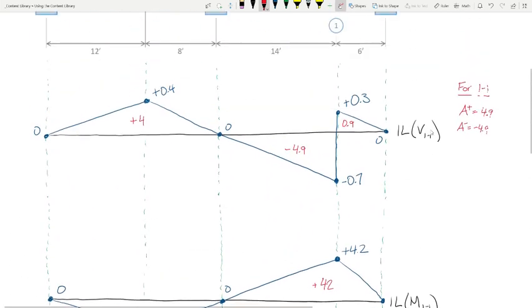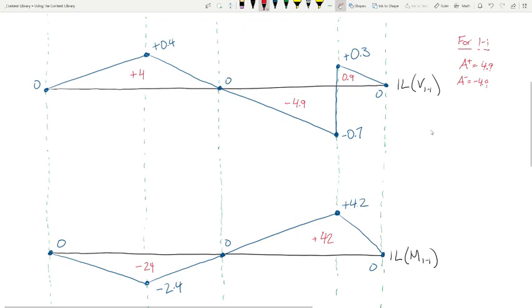Tell me where to put the load to generate the worst case negative shear. Well, let's do the distributed load first. But you're right. It'll go right there. Where do I put the distributed load? From C to D. Okay. And then how do I compute it?